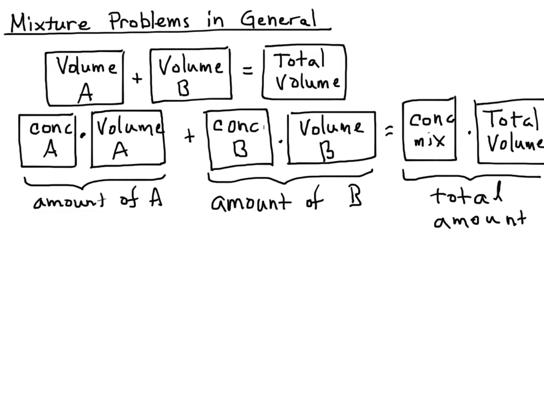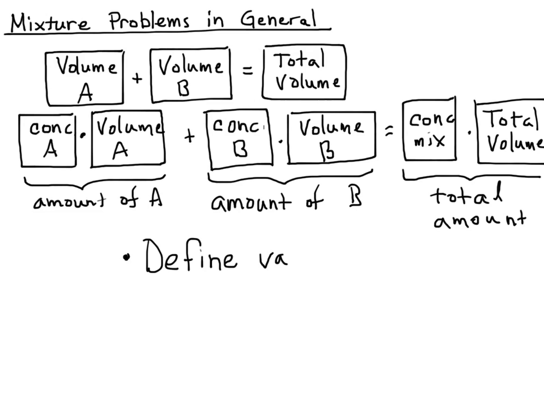So we have a volume of A plus the volume of B equals the total volume, and then we have the concentration of A times the volume of A plus the concentration of B times the volume of B equals the concentration of the mix times the total volume. All right, so we'll hold on to that for the examples.